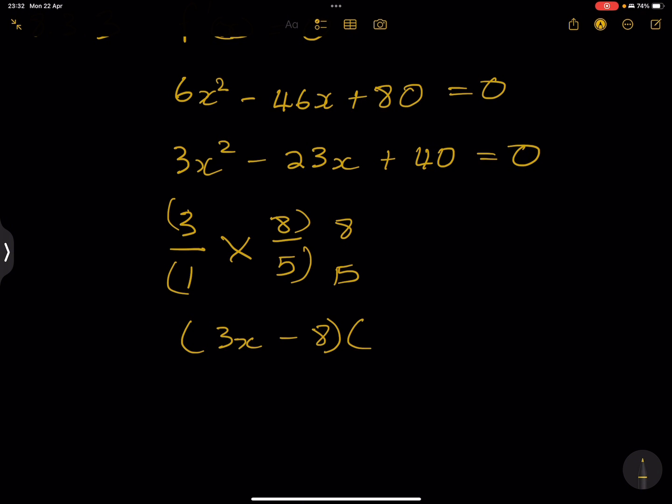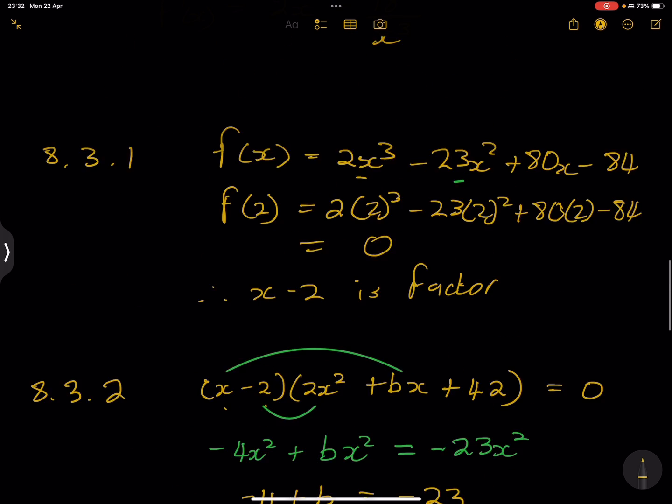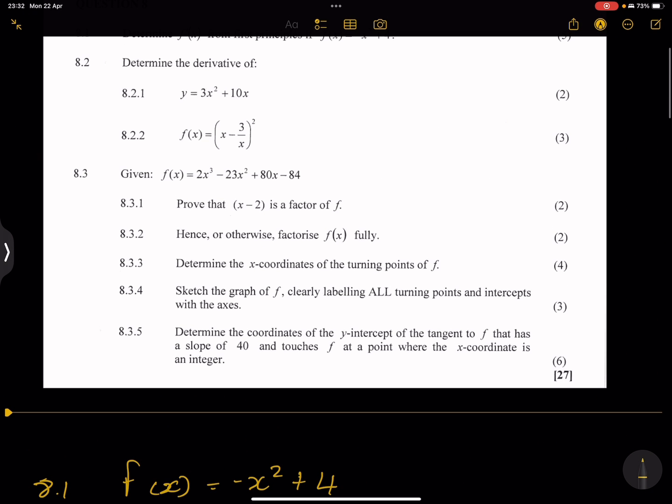And the other one is x minus 5 equal to 0. So that means that my turning points are x is 8 over 3 or x is equal to 5. Right, now did they say the coordinates? Let's check. Oh, they said determine the x coordinates of the turning point. So I don't need to actually continue to find the y coordinates, right?